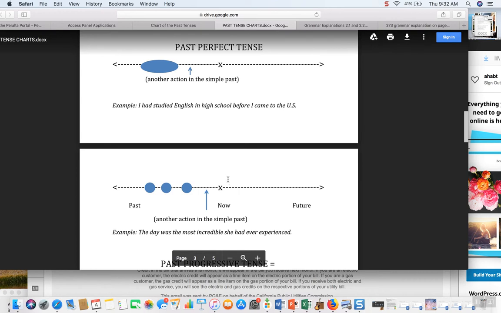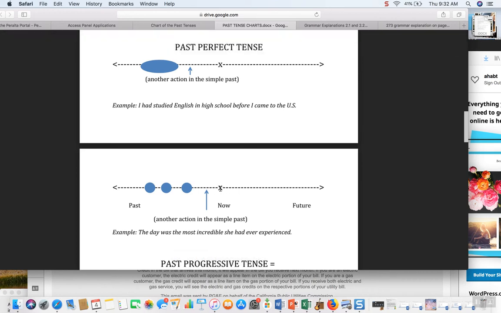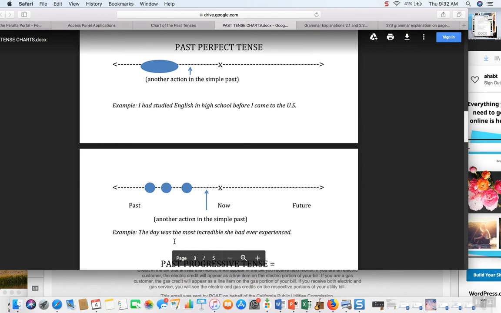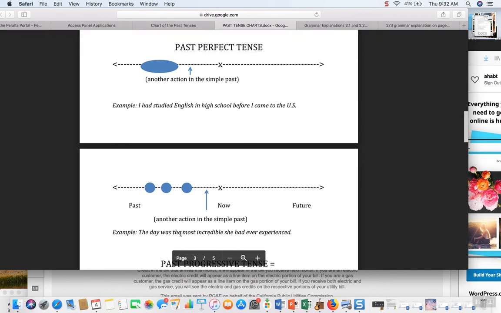And now, here's another example where I've got now, simple past, and a repeated action in the past before the simple past. The day was the most incredible she'd ever experienced. So there's a time in the past, the day was the most incredible. And then many times before that she had experienced.